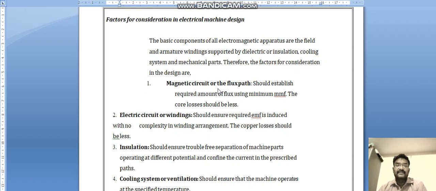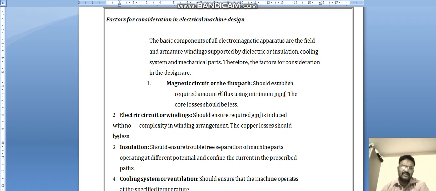What it means is, in the electric circuit or winding of a machine, the electromotive force has to be generated in the copper wire with no complexity.